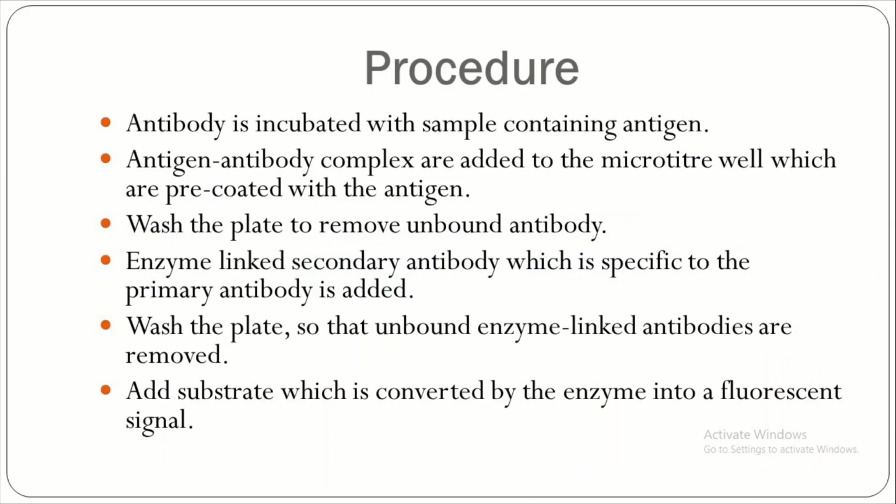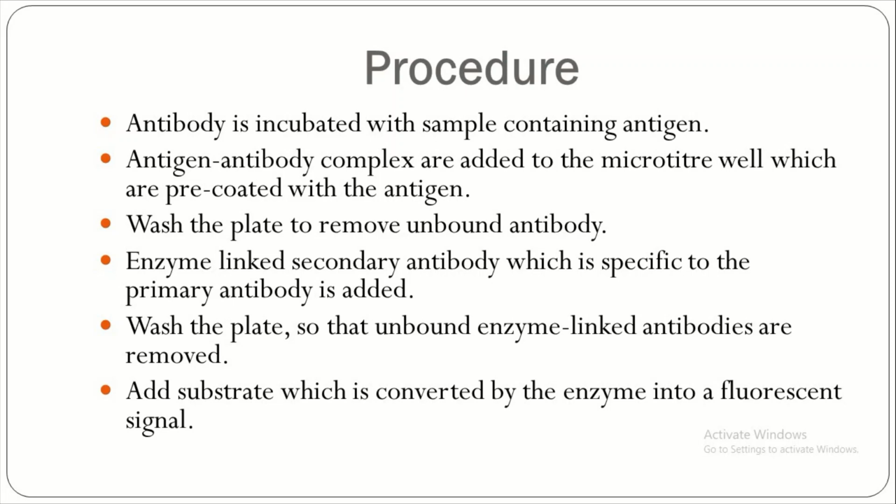So the procedure: first, the antibody is incubated with the sample containing antigen. So in a separate tube, antigen-antibody complexes are formed. This complex will be added to the microtiter well, which is already pre-coated with the antigen. Wash the plate to remove unbound antibody.